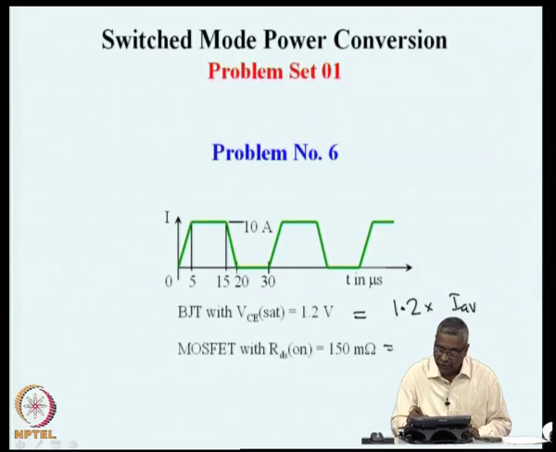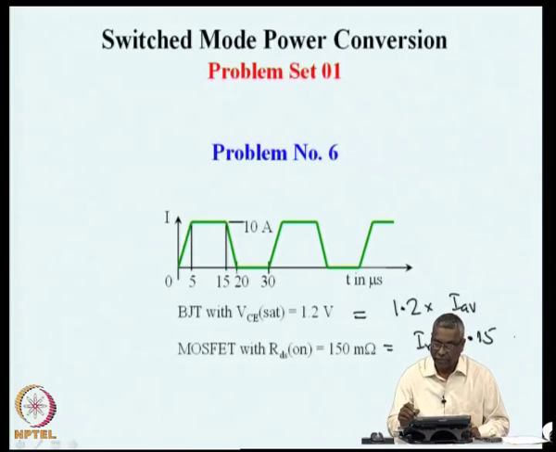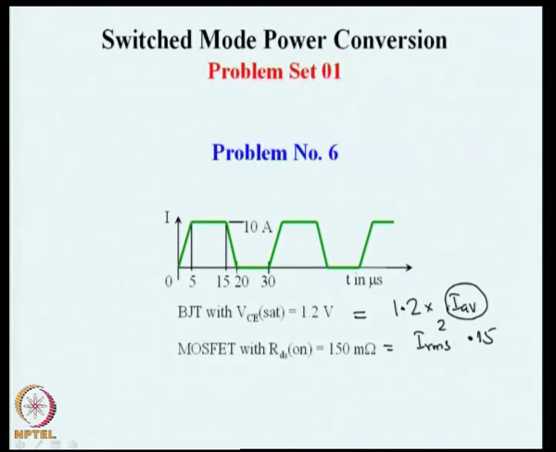And in the second case, if we have chosen a MOSFET, the RMS current squared multiplied by 0.15 will be the power loss. So, what we have to do is, for this particular waveform, we must find out the average current and also the RMS current square, and then after evaluating that, find out what the total losses are. So, let us do that.